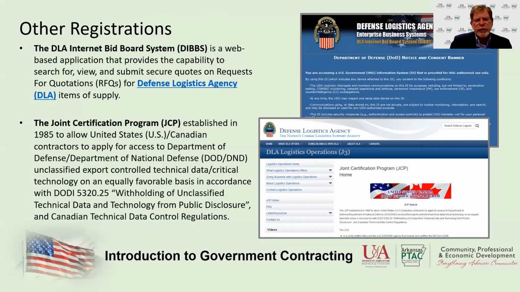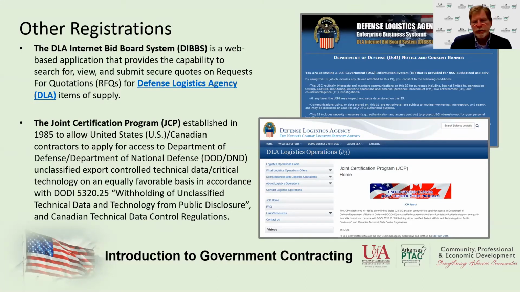Okay, there's other registrations you might have to do, and I know, it's almost like picking up grains of sand. You get a little bucket full and then you find out there's another mountain. There's all sorts of registrations that you might run into. One would be DIBS, and that's another method whereby the federal government can post solicitations, but you're going to have a separate registration for DIBS.